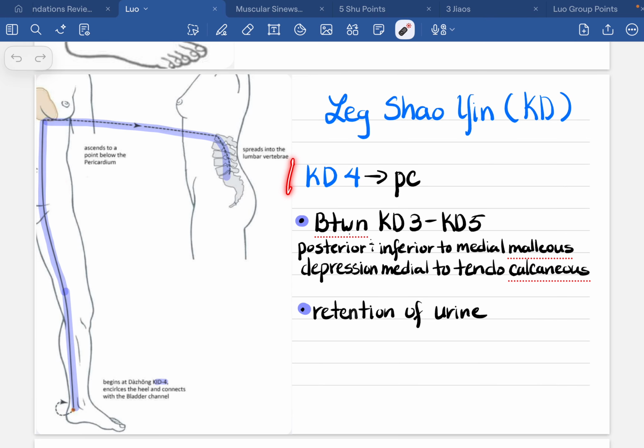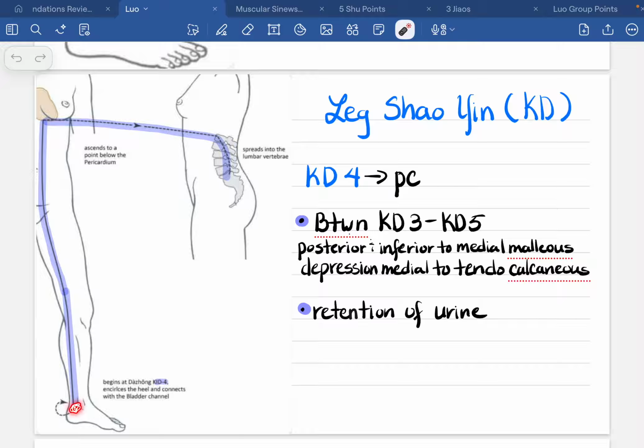Now we have the kidney. The kidney travels to the PC. Kidney 4 is the Luo point for the kidneys. So kidney 4 is between kidney 3 and 5. It is posterior and inferior to the medial malleolus.